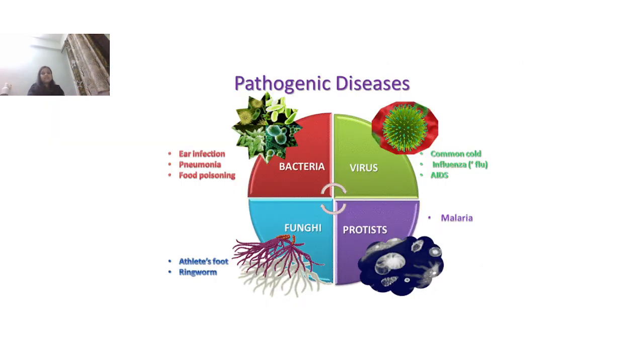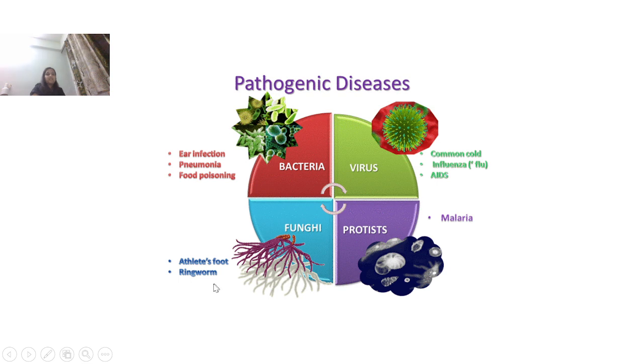So pathogenic diseases are mainly caused by four types of pathogens, as I told: virus, bacteria, fungi, and protists. Viruses include, as you all know, HIV, which causes AIDS, influenza, and common cold viruses like rhinoviruses. Then bacteria include those causing ear infection, pneumonia, food poisoning, like Klebsiella and Staphylococcus.